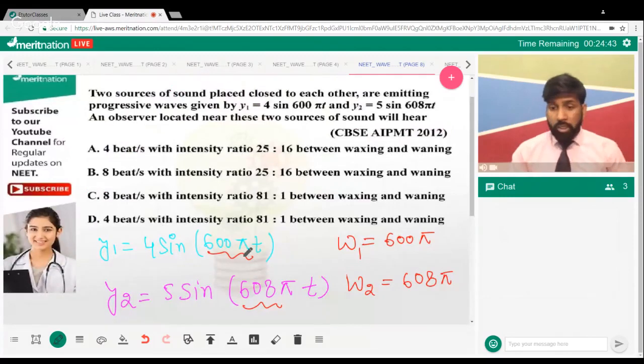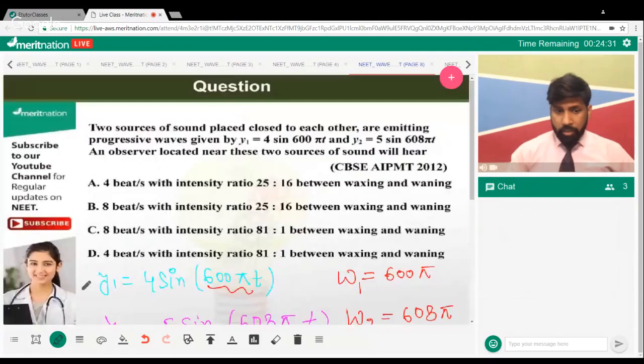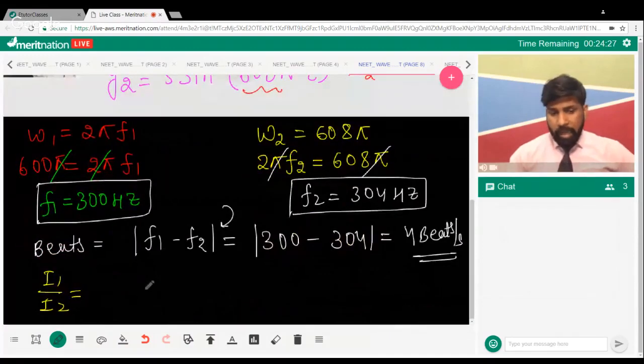So we also need to think about the ratio of intensity. Let's do that. We need to find I1 by I2. Students, how can we find the ratio of intensity? Any idea, anyone?